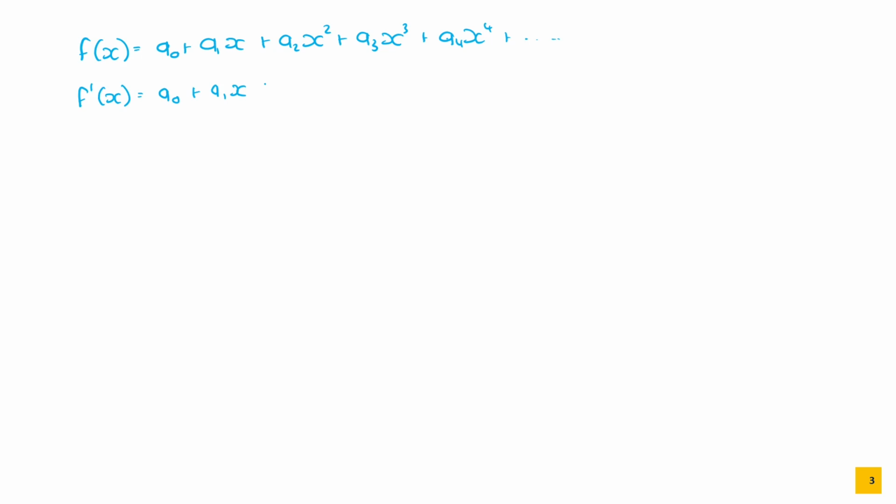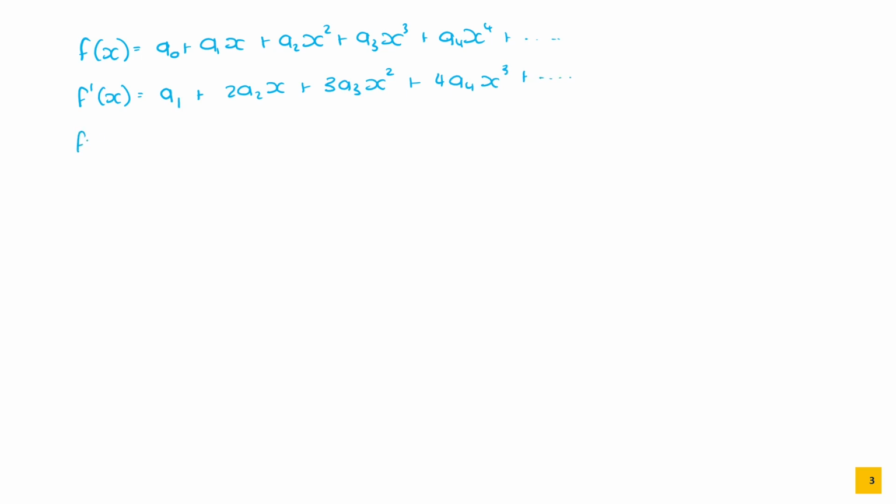That x goes away, remember, because it goes to the front there. That a0 goes away as well. So we have a1 plus 2a2x plus 3a3x squared plus 4a4x cubed plus, and continue on.